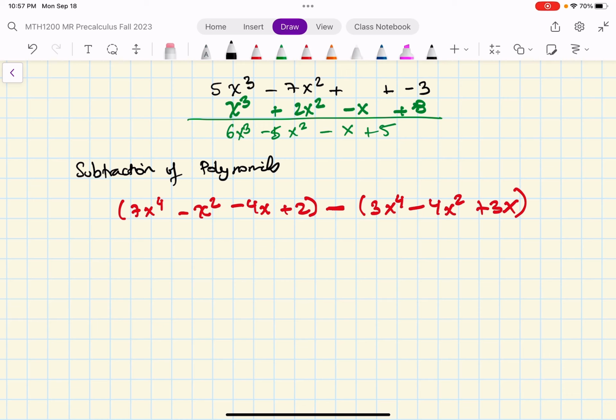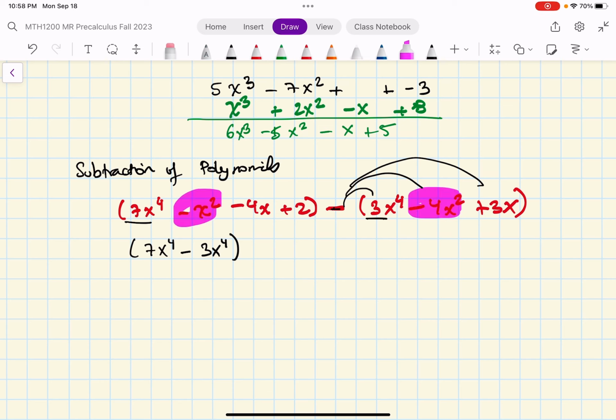Two ways. If you want to do the horizontal approach, same thing, okay? Just remember that you have 7x to the 4th. This minus sign gets distributed, so minus 3x to the 4th. These are like terms. Then next, you have x squared, so you have this term and this term, but remember that you have a minus sign.